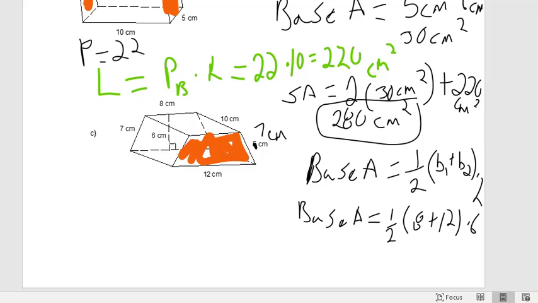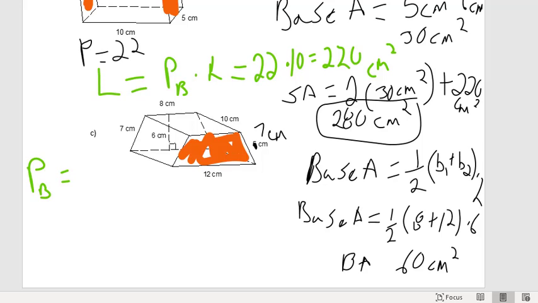All right, so our base area overall is going to be 8 plus 12 is 20, times 1/2 is 10, times 6 is 60, and we have centimeters squared. All right, find the perimeter of the base. Perimeter of the base, we add up all the sides.